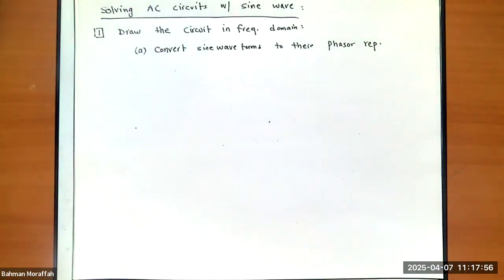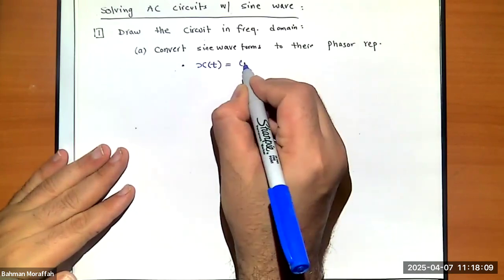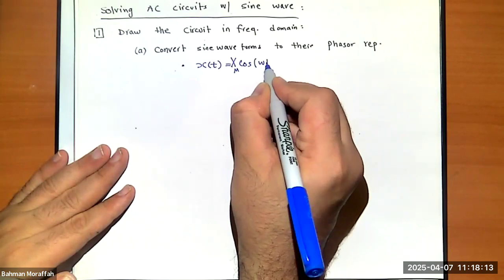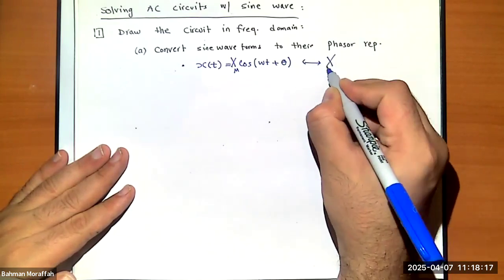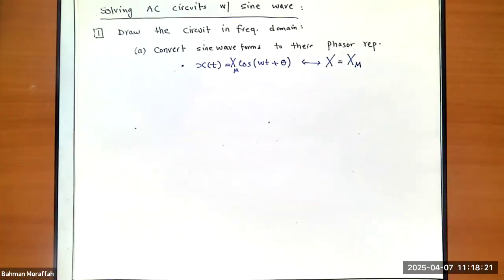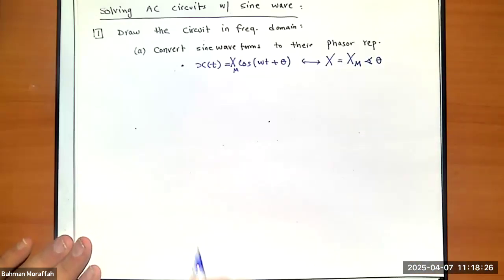which, if you recall, we said a phasor representation only requires us to have the phase and the magnitude. And we said the main signal that we have is a cosine. So if I have x of t equals Xm cosine omega t plus theta, we know the phasor representation of this x of t is X with magnitude Xm and the phase theta.